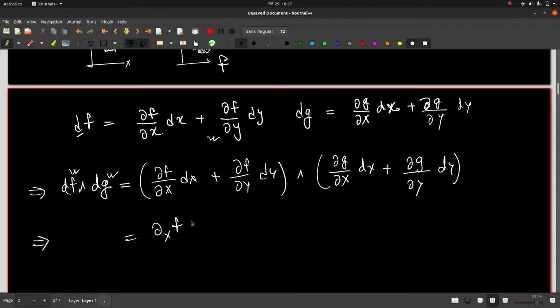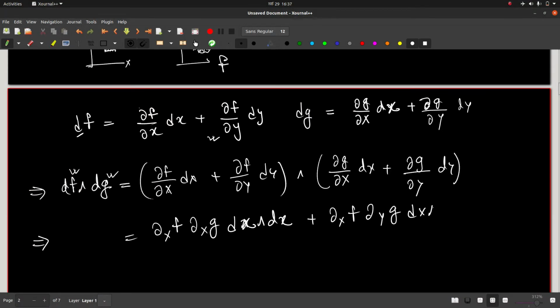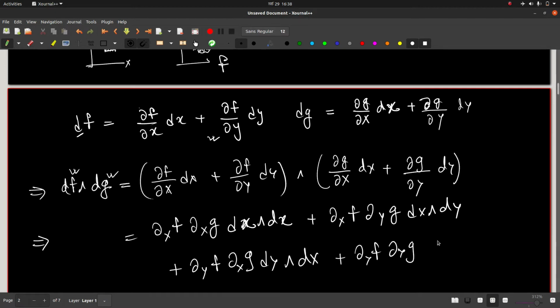Del x f del x g, and there will be dx wedged with dx. Similarly, we have del x f del y g dx wedged with dy. Then you have del y f del x g dy wedged with dx, and finally you have del y f del y g dy wedged with dy.